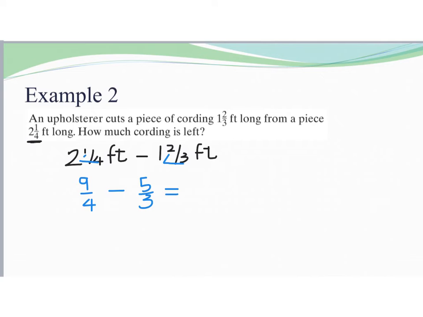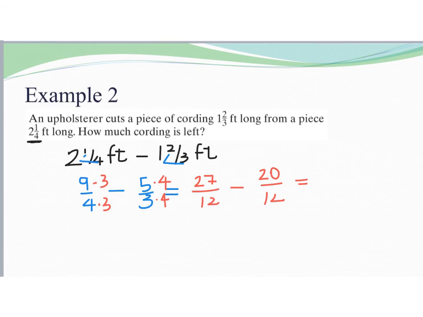And again, my denominators are not the same, so I'm going to have to multiply them. So if I multiply this 4 by a 3 and my numerator by 3, that's going to give me 27/12. And from that, I have to multiply my 3 by a 4, and I'm going to have to multiply my 5 by a 4, so I end up with 20/12 here.